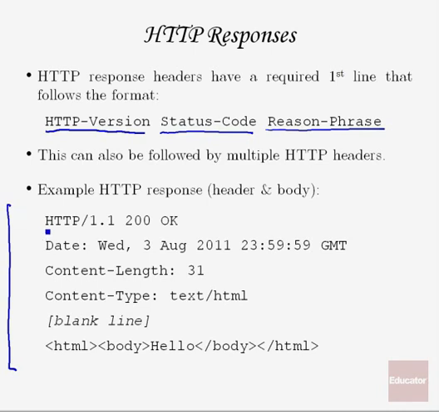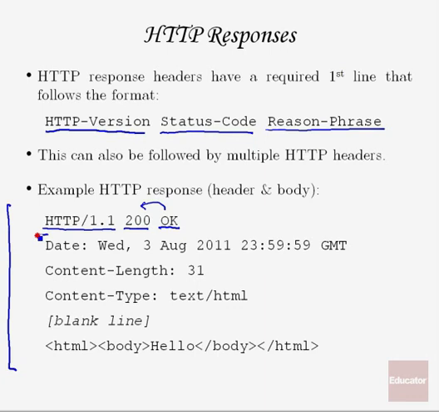In this first line, we have the HTTP protocol specified, and it's always HTTP followed by a / and then the protocol version. The status code is 200, and 200 means that the file was found and it's OK, and it's being sent back to the user. OK is just the English version of the 200 status code, which says that it found the file.